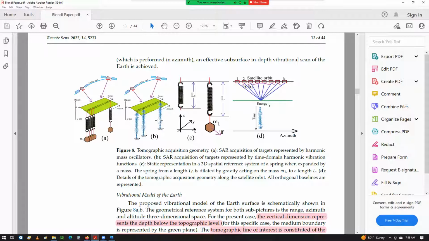For example, if this is way down, you may get a weaker signal, but if this is higher up, then you're going to get a stronger signal. So from the signatures of each individual pixel, you can reconstruct these particular areas where you have higher resonance.